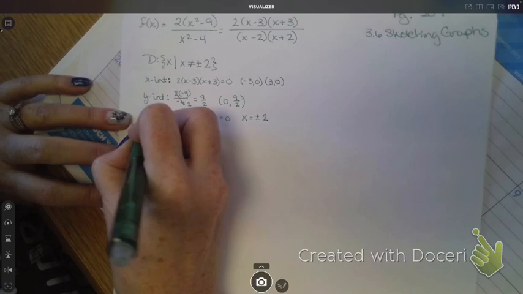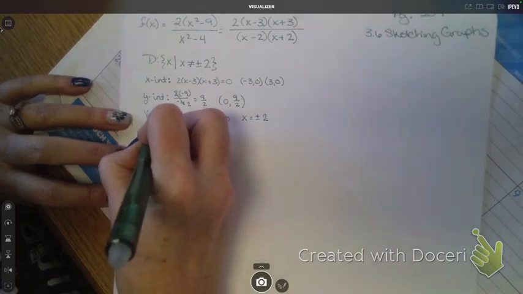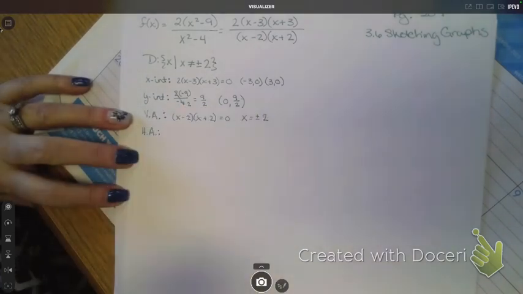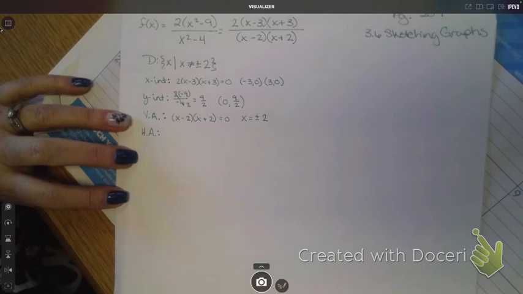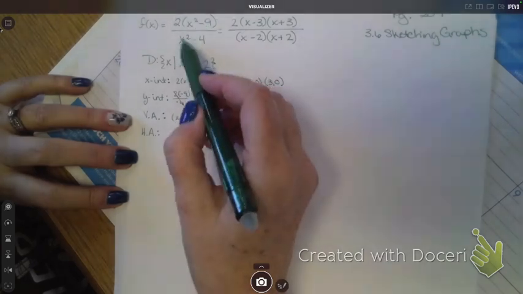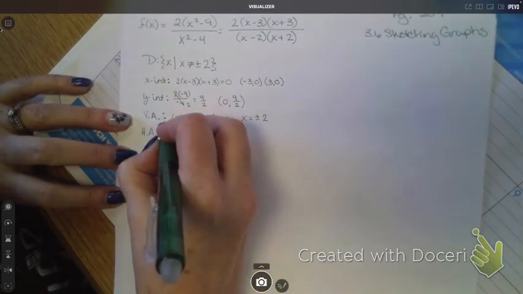Horizontal asymptotes, or your limits at infinity. That's what we went over. Remember that's a comparison of your degrees, numerator, denominator. So you have to come back to the original. So you have 2 and 2.